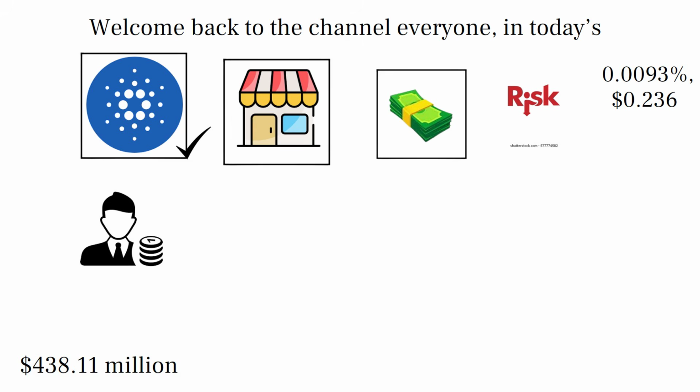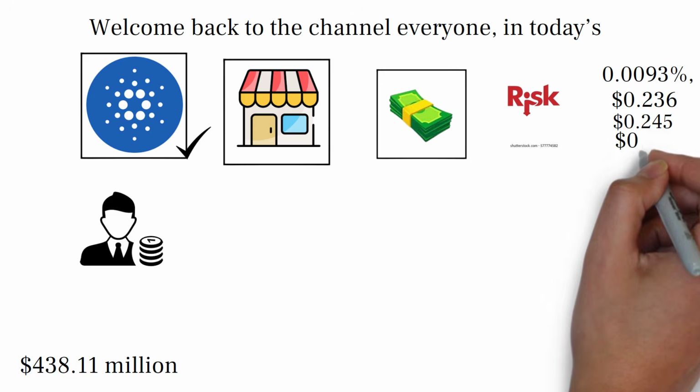Now, if we look at key resistance levels on the upside, the first level to watch is around 224.5 cents, which has acted as a horizontal barrier before, followed by the 50-day EMA near 26.4, and then the 23.6% Fibonacci retracement level around 269.